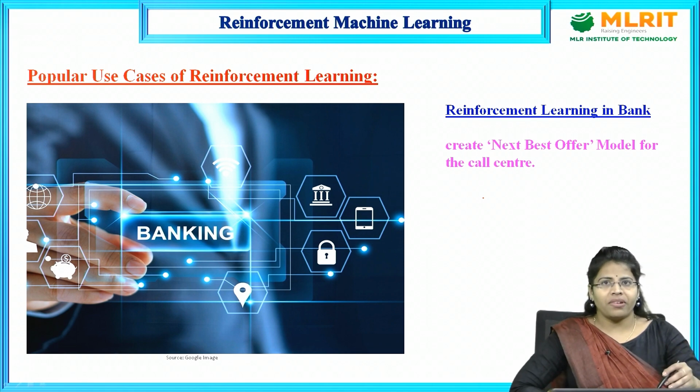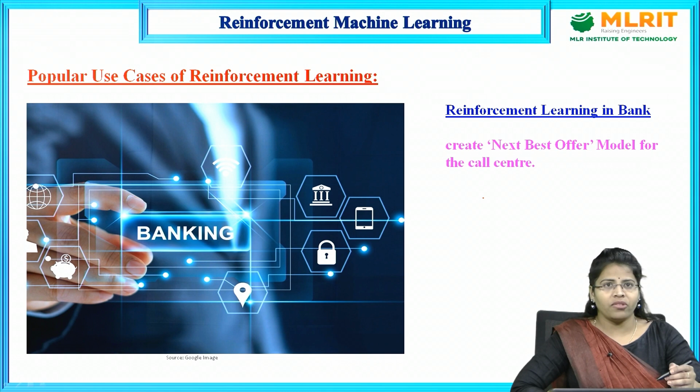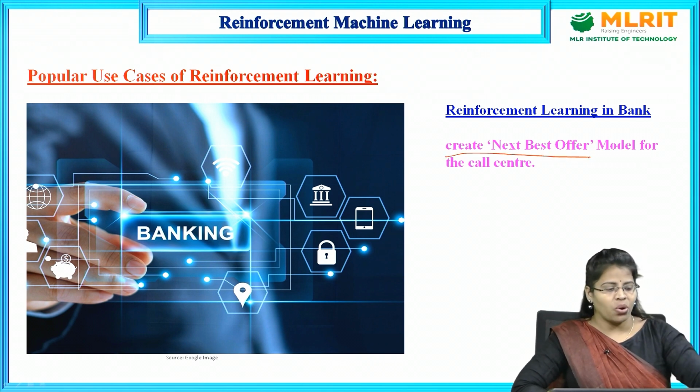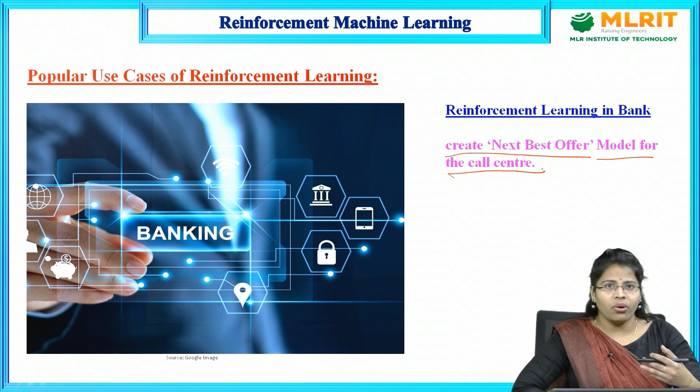Another use case of reinforcement learning is the banking sector. In the banking sector, reinforcement machine learning is used to create a next best offer model for the call center, by building a machine learning model that predicts whether the user is going to accept or reject the offer provided by the sales staff.